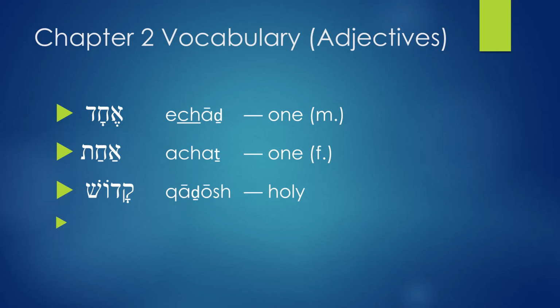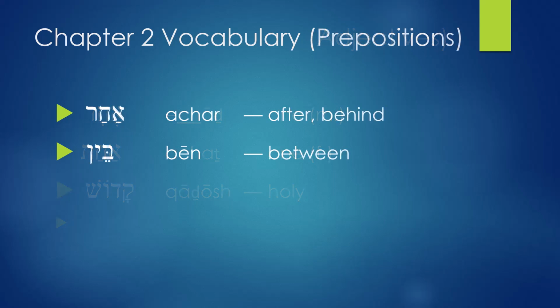Notice the top one, echad, mostly is used when you're referring to masculine things, for example, one man. The other one, achat, is used when you're referring to feminine things, for example, one woman. Under there we have kadosh. Kadosh means holy.